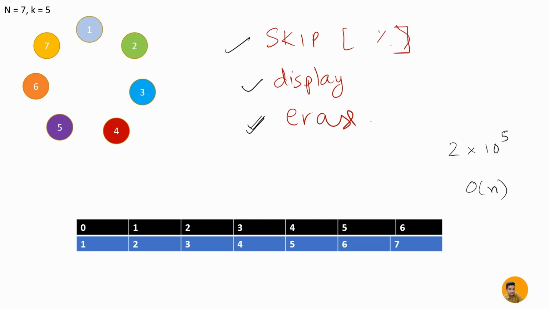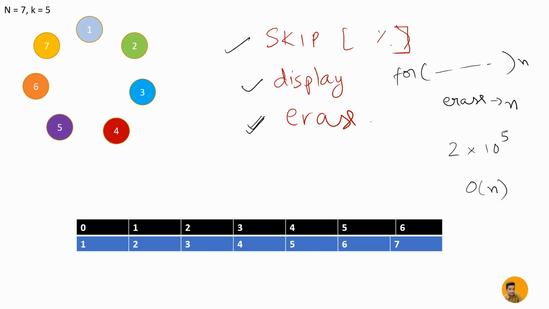You will have one loop for iterating over the children array, and another one inside it for erase. This takes n, because you need to take care of the complete children array. So this will go up to n, and erase has an inbuilt time complexity of n.